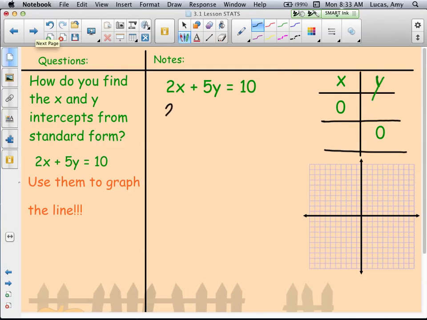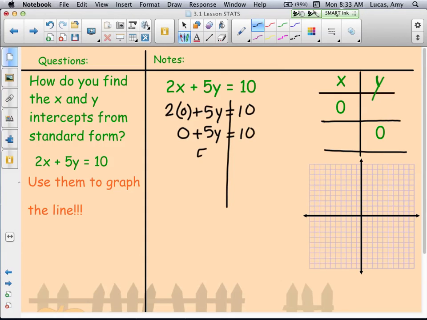If I put the 0 where X is and solve, 2 times 0 is 0. 0 plus 5y is 5y. So I could divide by 5, and y equals 2. So (0, 2) is my y-intercept.